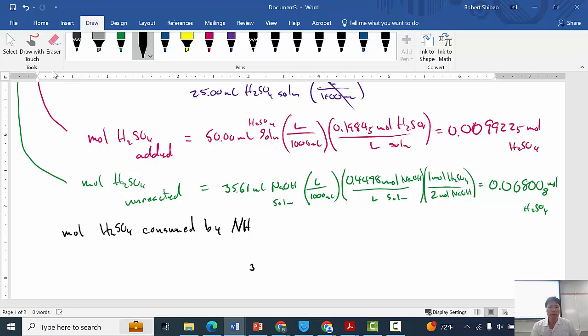We just subtract the two. So I'm going to take 0.0099225 minus 0.008008. Actually, I'm allowed 4 sig figs, so I need to go 0.008008 6. I'll carry 5.